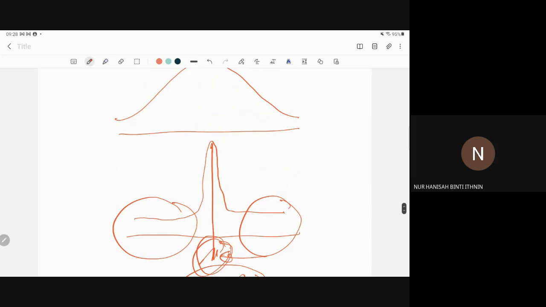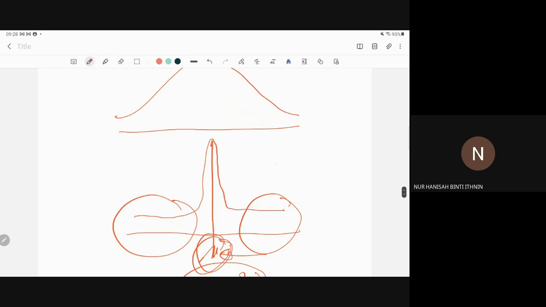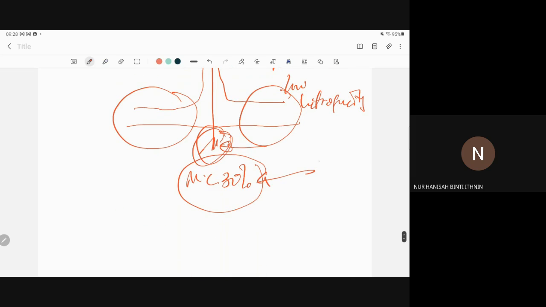We call this low heterogeneity, low variation. So if you take 2 samples, then we will get a good estimation of the population mean.